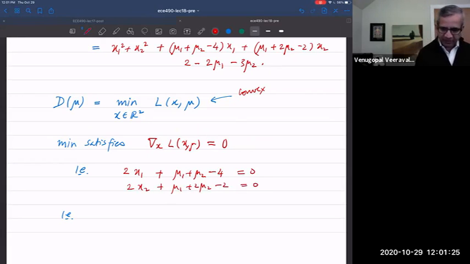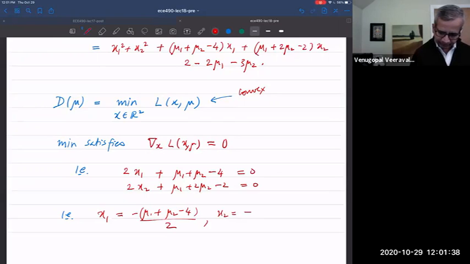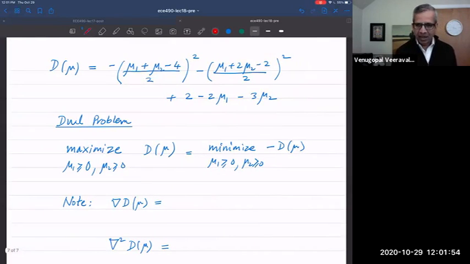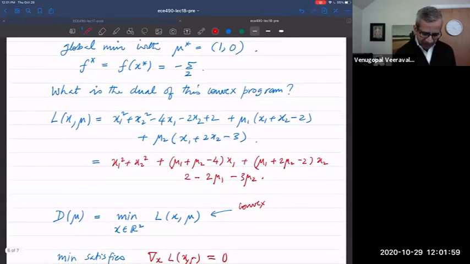And you can solve this to get x1 and x2. Okay, so we have our solution for x star essentially, right?